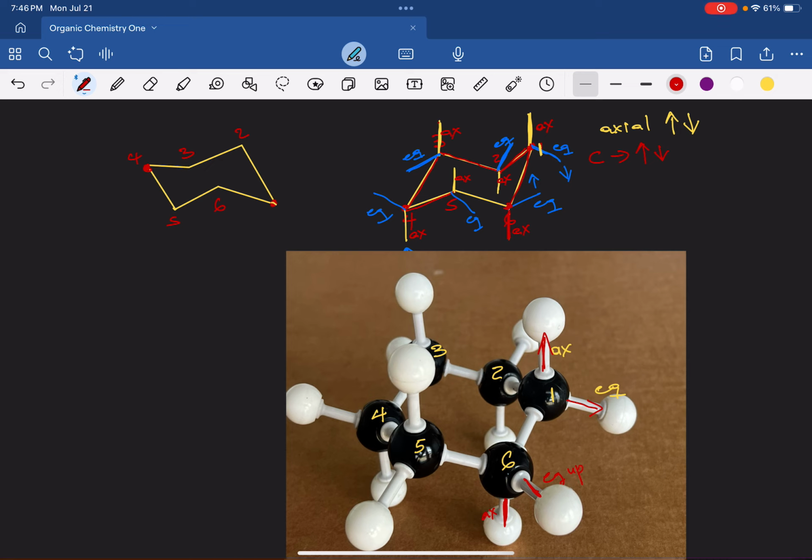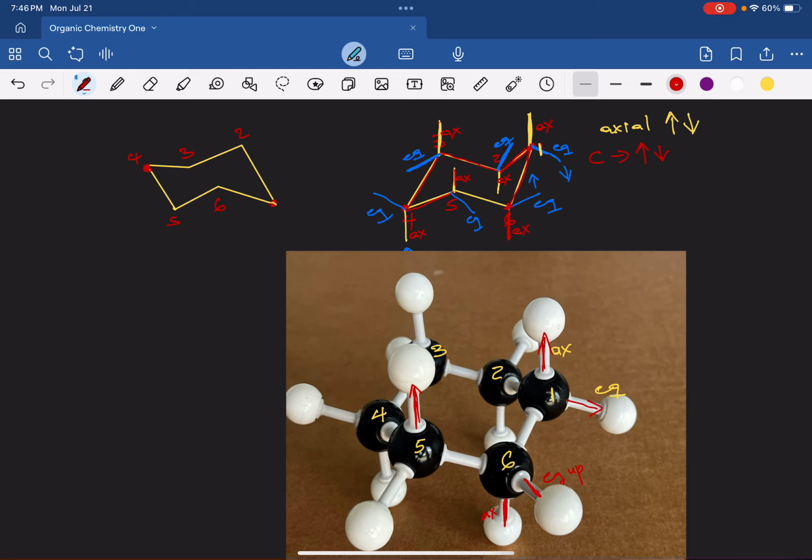So let's do a comparison here so you're able to see this. An equatorial bond down looks like this. An equatorial bond up looks like that, right? And I'm going to use 4 and 5 to highlight the equatorial again. So let's find carbon 5 here. This is carbon 5, right? This is our axial bond on 5 on the molecular model.